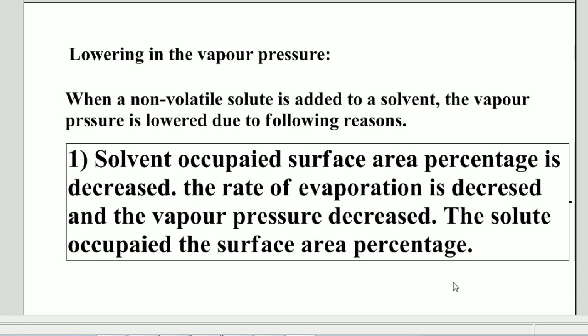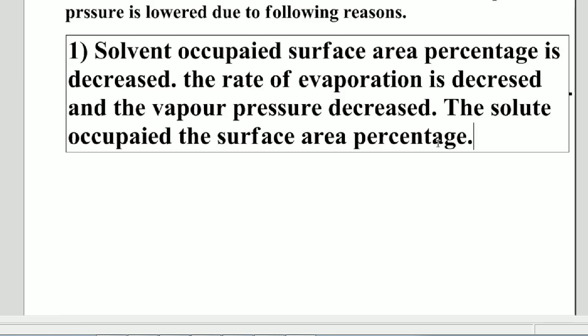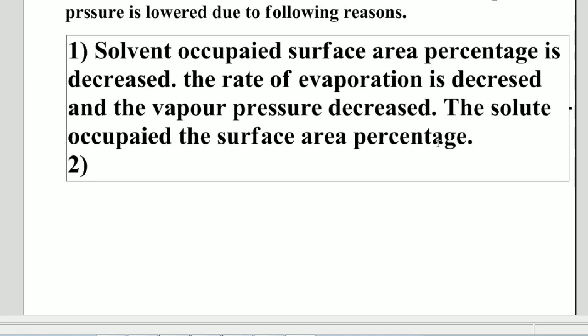Similarly, students, the second reason is according to Graham's law of evaporation. Graham is the scientist's name.